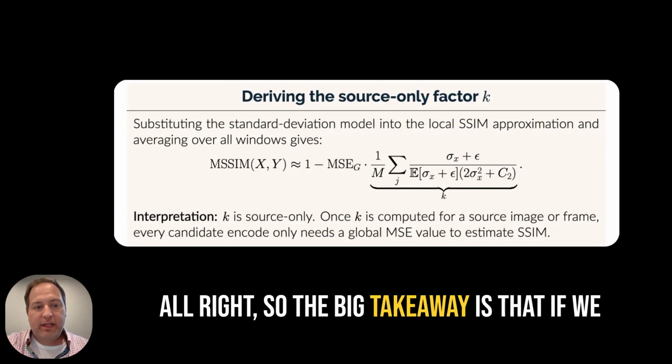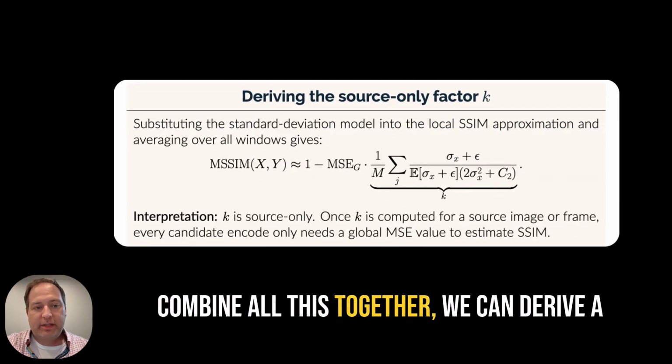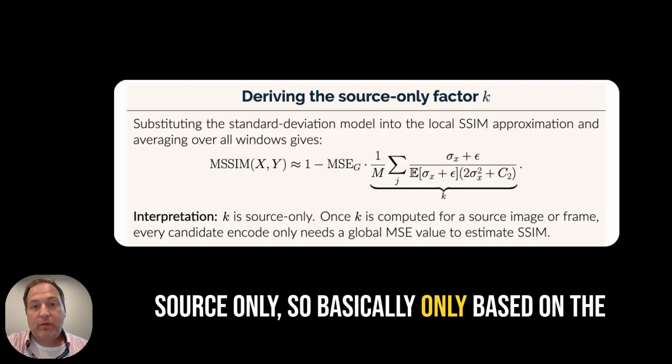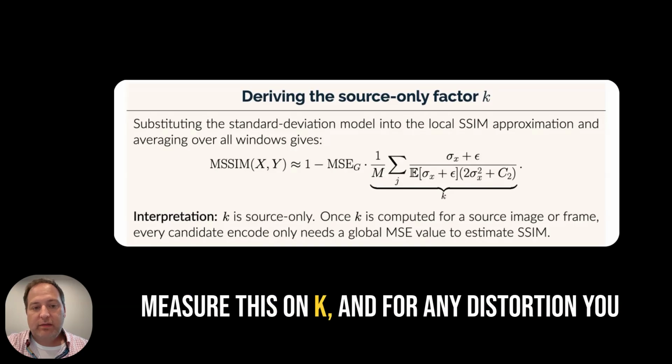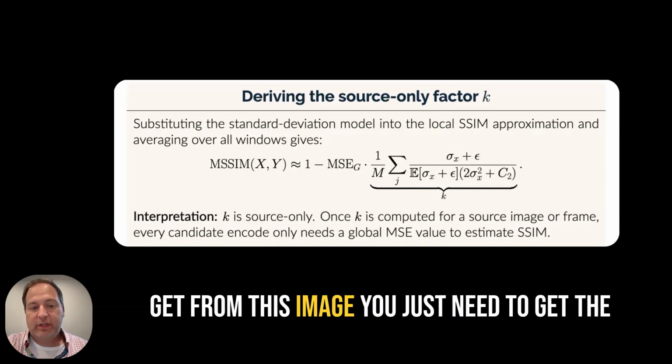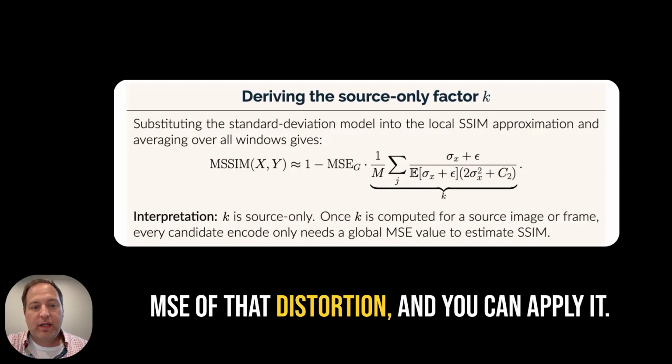All right, so the big takeaway is that if we combine all this together, we can derive a source-only factor, so basically only based on the reference frame, called K. So you measure this K, and for any distortion you get from this image, you just need to get the MSE of that distortion and you can apply it.